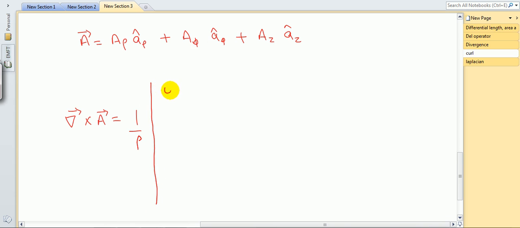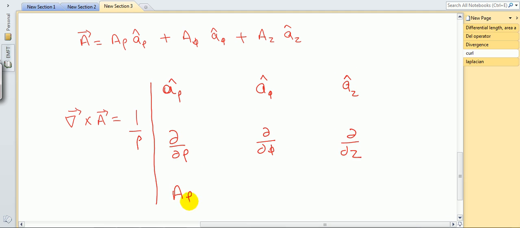Here it will be a rho cap, a phi cap, and a z cap, then del by del rho, del by del phi, del by del z, and here a rho, a phi, a z.